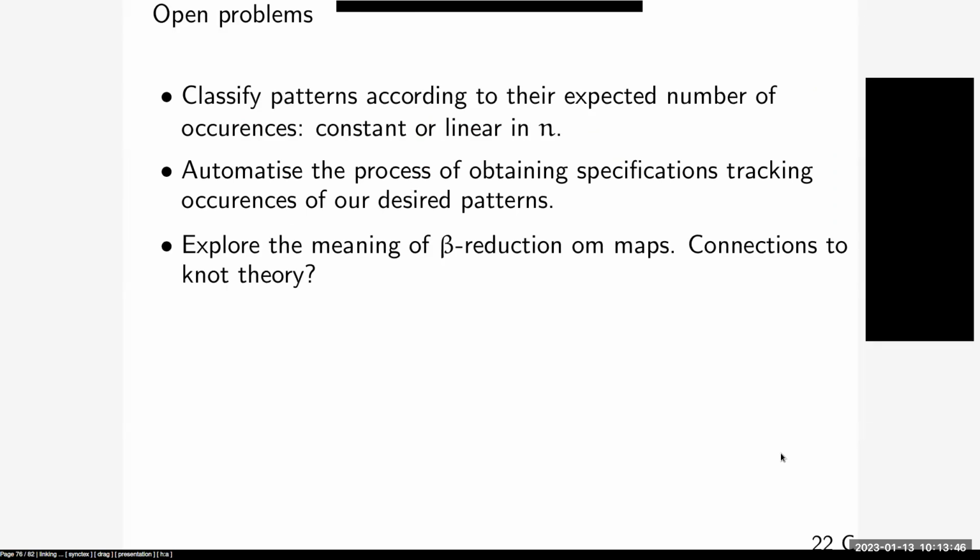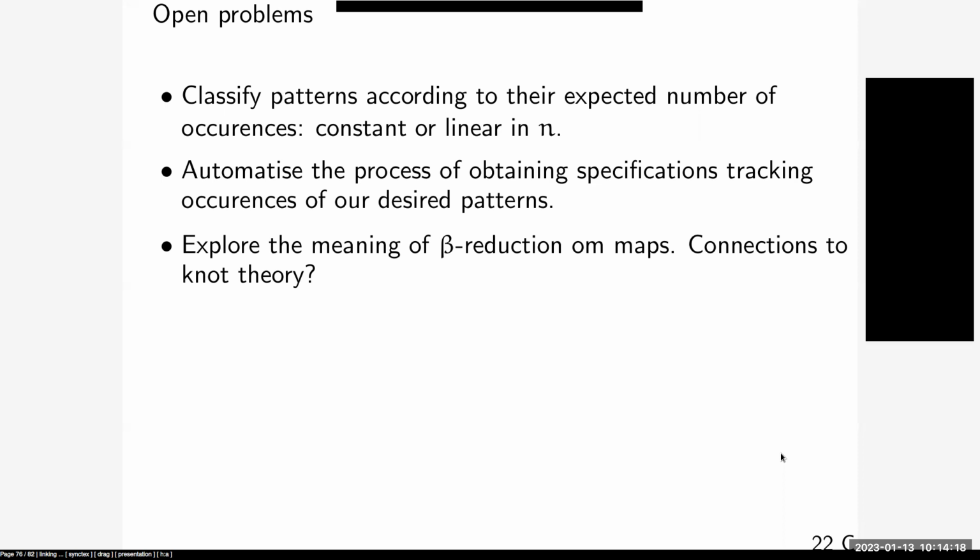Yeah, I kind of imply that the only cases are constant or linear, but I don't know, maybe there's a logarithmic number of occurrences for some patterns. But in fact, from all the patterns I have studied, and I have done a pretty exhaustive enumeration for a lot of little patterns of the form application applied to an application, all of these kinds of things, it seems that they all fall within the two behaviors of either being constant, or 0, but still 0 is constant, or linear in n.